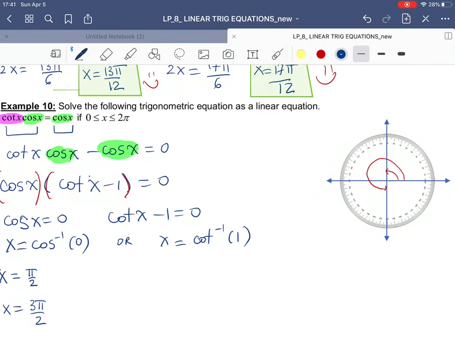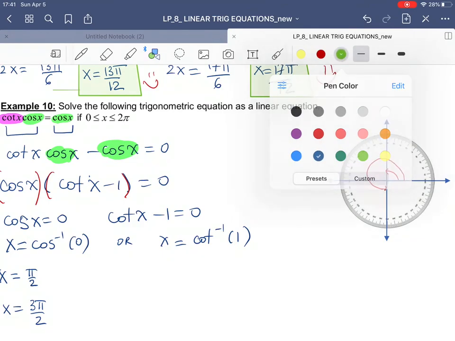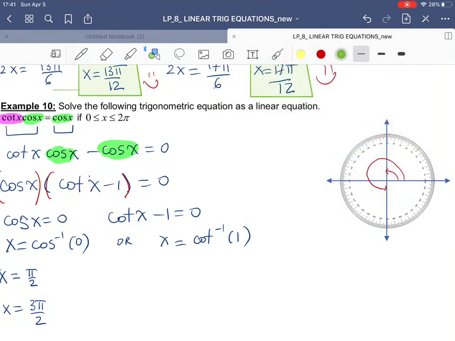We're going to look at the angle pi over 4. I'm going to pick a different color here just because we're looking at a different equation. That's one angle, and the other angle is found by just extending this.